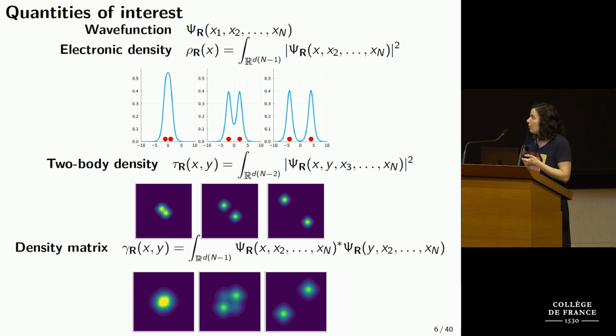To reconstruct the energy, we also need the two-body density, which is the modulus square of the wave function integrated out over all variables except 2. Here this gives such a picture, and on top of the probability of the electron we have the information about the correlations between the electrons.